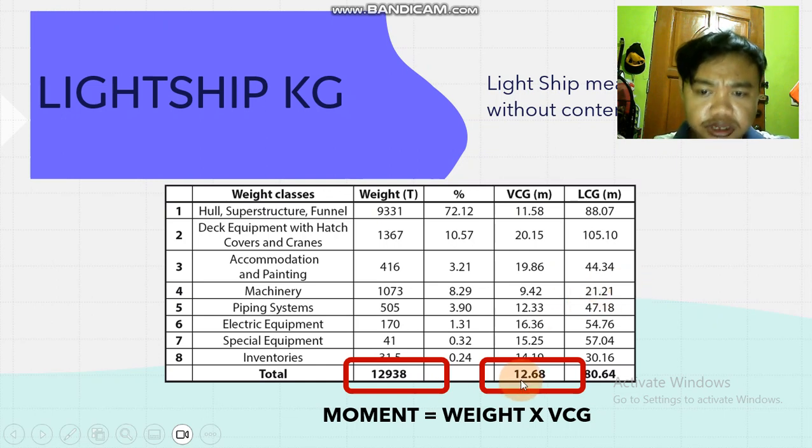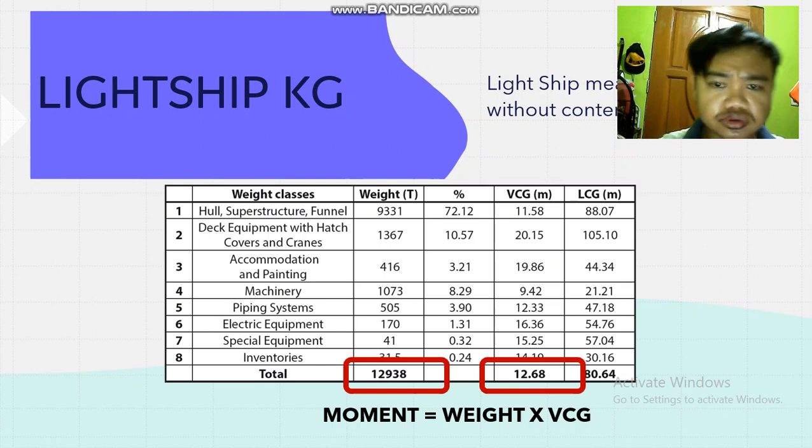For the vertical center of gravity, we have 12.68. As I have mentioned, these are the values necessary to obtain the moment, since the total moment includes the light ship condition, including its light ship displacement and light ship VCG.